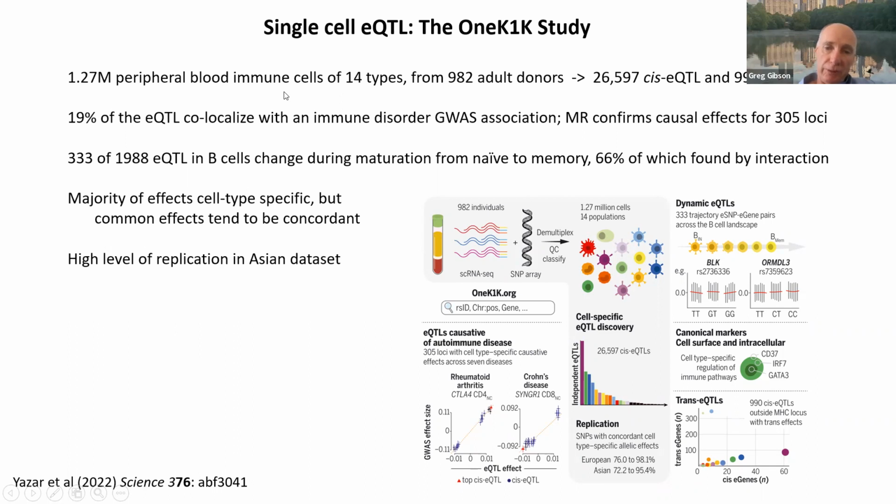Okay, so just so you can see this graphical abstract from his paper, but some points that are made in the paper. It turns out in his case that almost 20% of the eQTL colocalized with an immune disorder GWAS association. So that's double the number that had been seen in, for example, IBD genetics, much larger bulk tissue analyses.